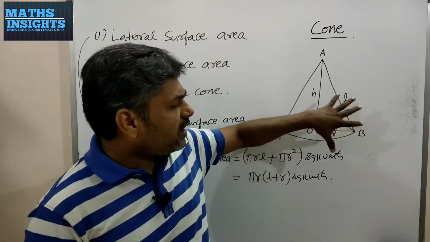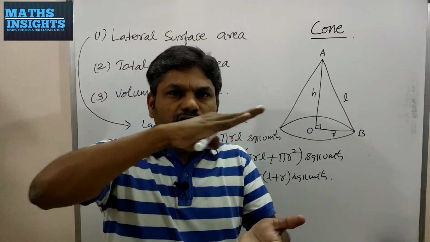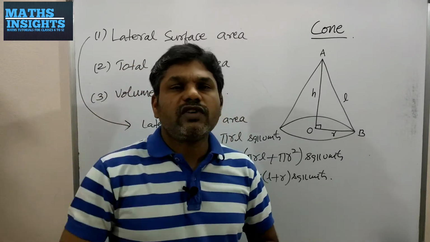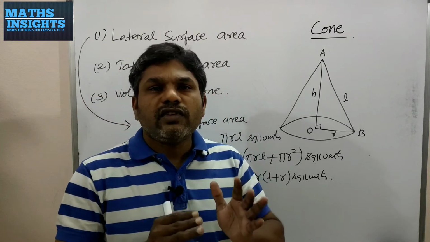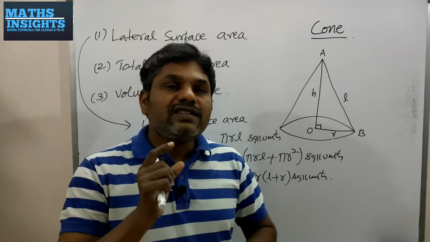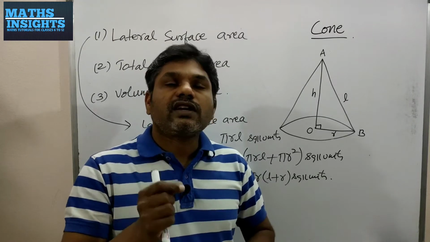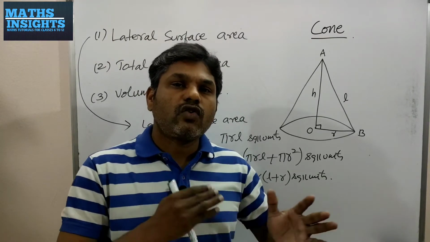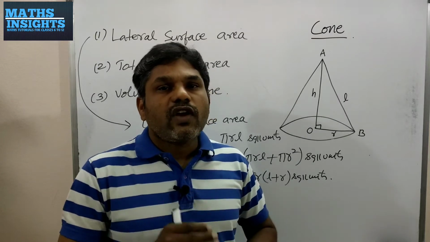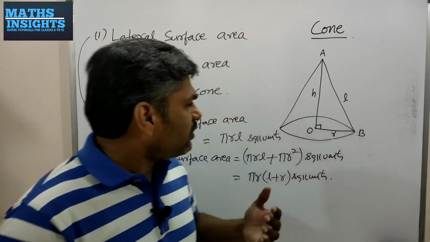In a similar way, if you open the circular base and if you pour some liquid on that, then it will fill something. What is that volume? Whether it has capacity 1 liter or 2 liter, that is the volume of the cone.